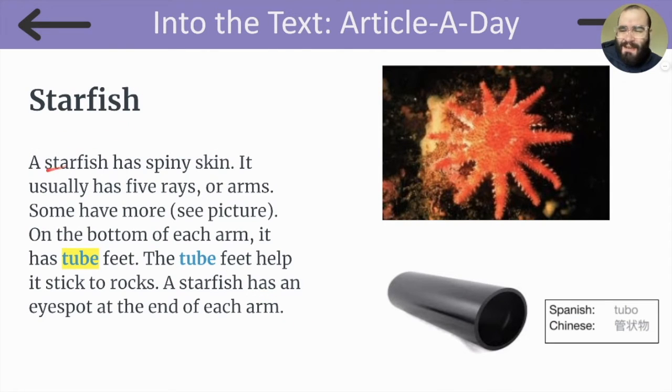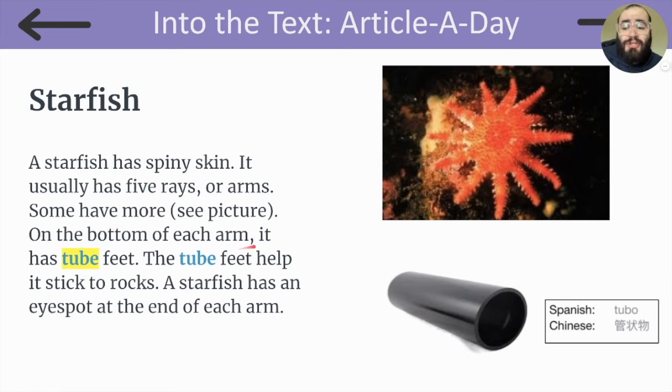Starfish. A starfish has spiny skin. Look at its skin. That's right, it's not smooth. It's spiny, has spines. It usually has 5 rays or arms. Some have more. This starfish has more than 5 arms. It looks like it has about 12.